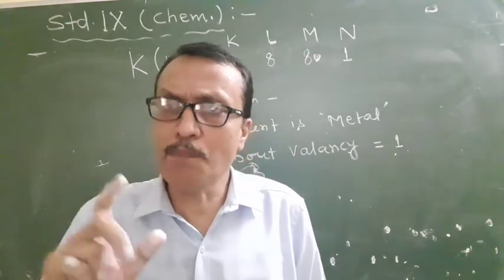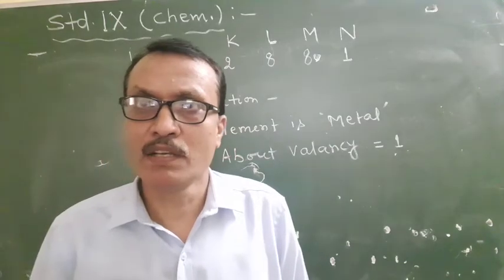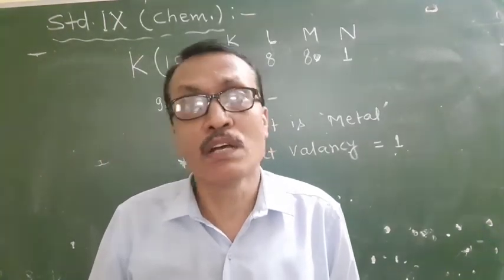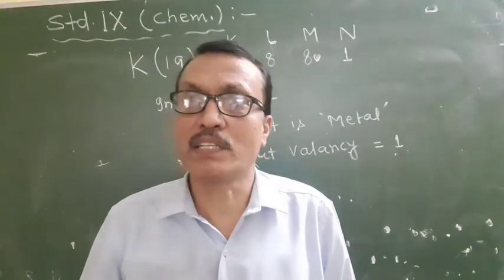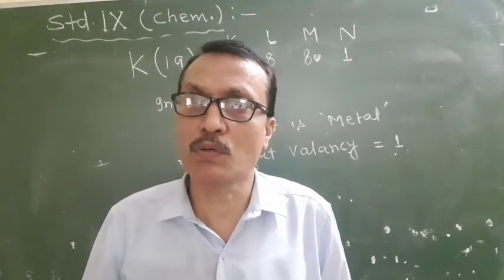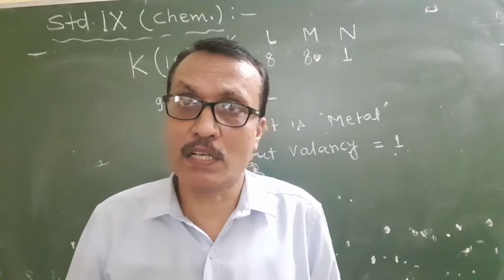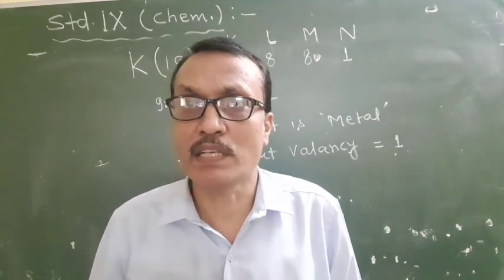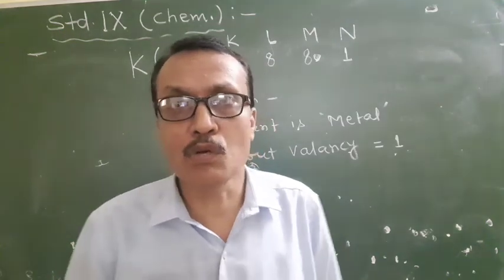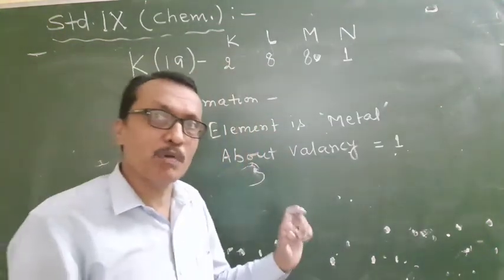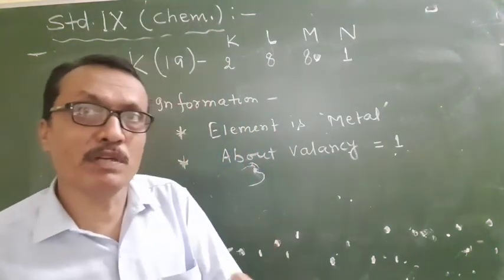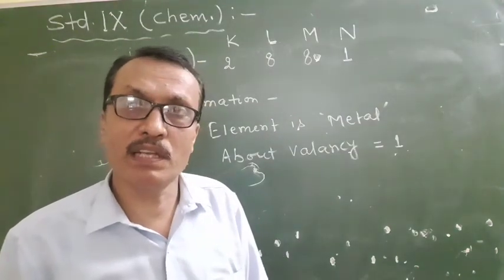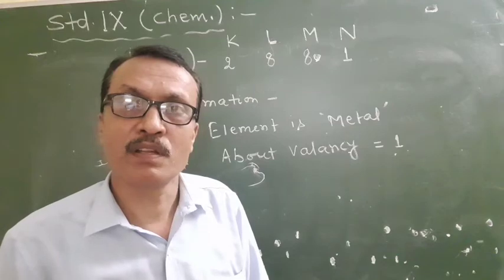So students, keep in mind, if in the outermost orbit there are 1 to 4 electrons, the valency will be the same. But in case of more than 4 electrons, the valency will be 8 minus the electrons present in the outermost orbit. So students, these two important pieces of information you can find out with the help of the electronic configuration.